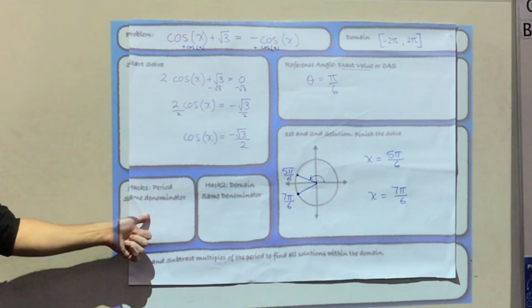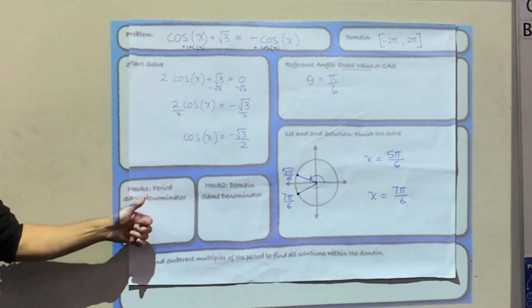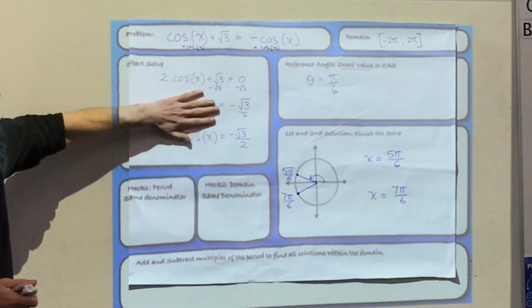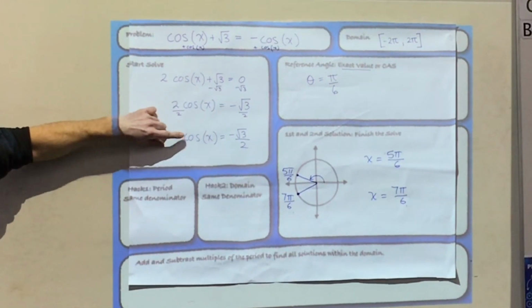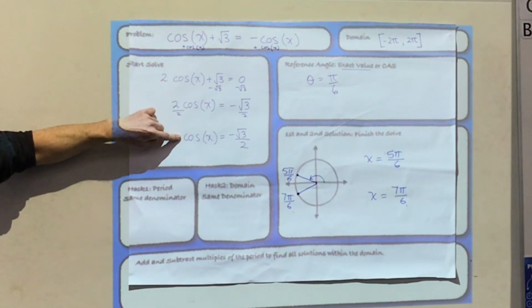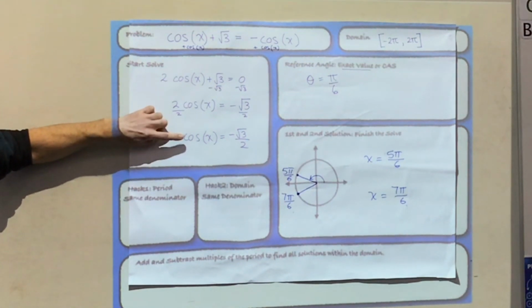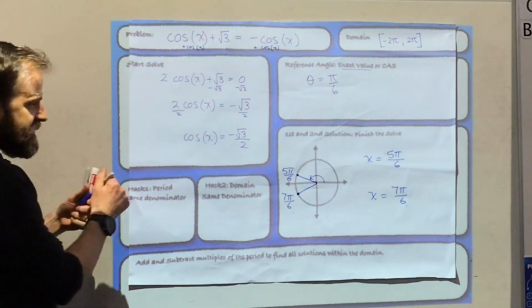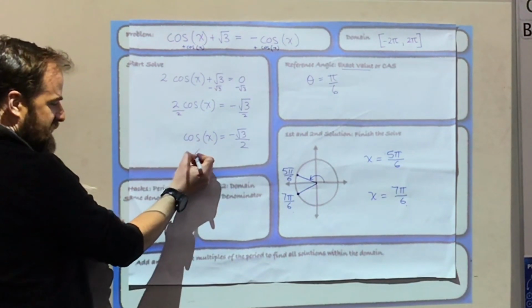Okay, here's where my hacks come in. I'm going to go back to this original question back up here, and I'm going to think about, this is a cos graph. What is the cos graph? Basic cos graph. What would the period of this cos graph be?